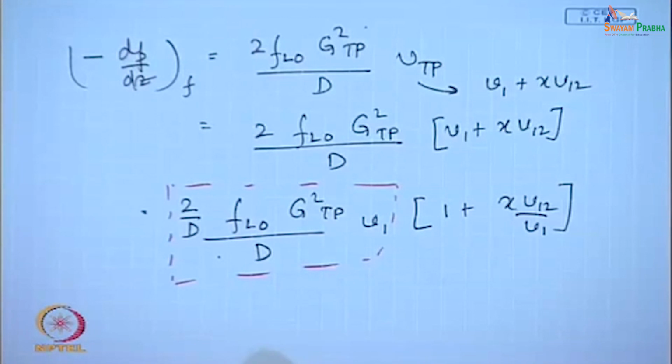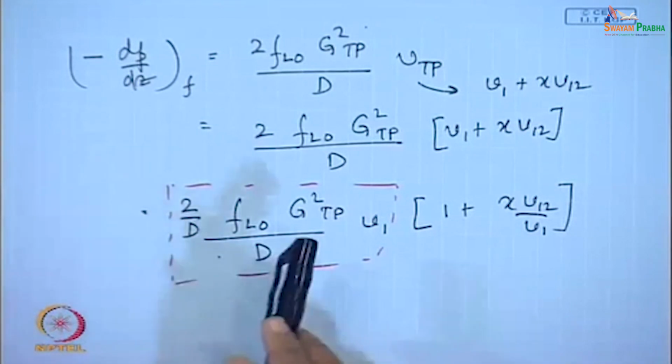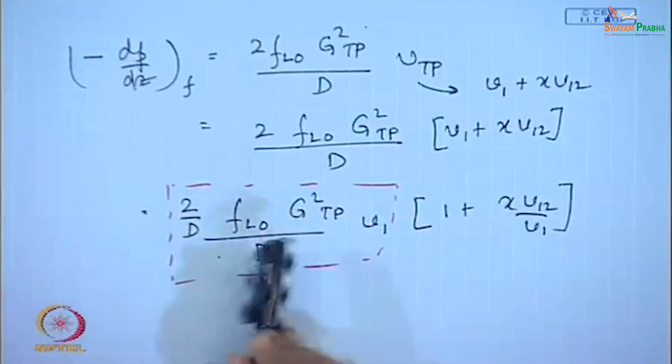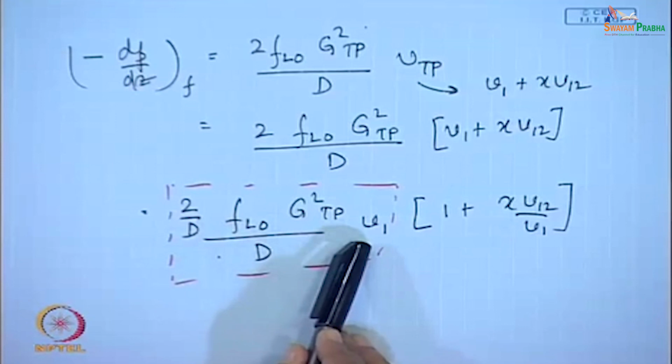It represents the pressure drop when the entire mixture flows as liquid through the pipe. Do you get my point? Just note, since there is GTP here and V1, that is the specific volume of the liquid phase.